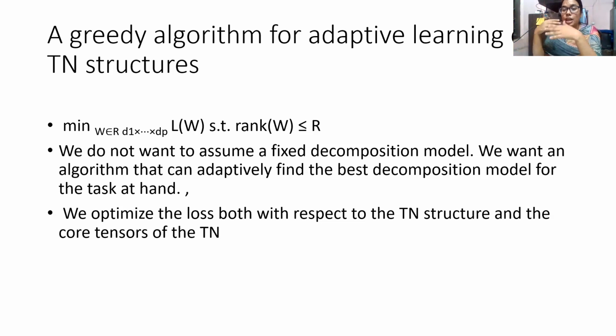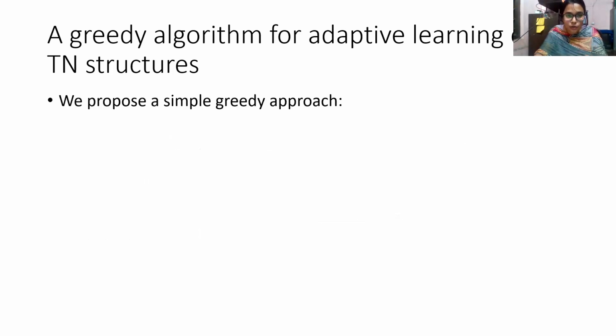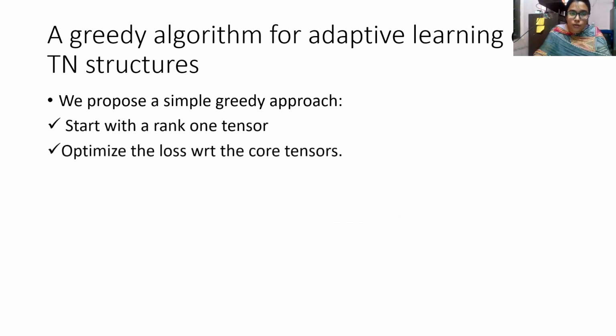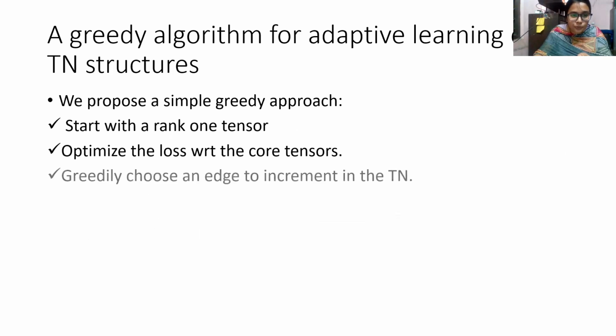This will repeat until we get our desired loss function, the threshold loss function. So he proposed a greedy approach, and one with a rank one tensor.